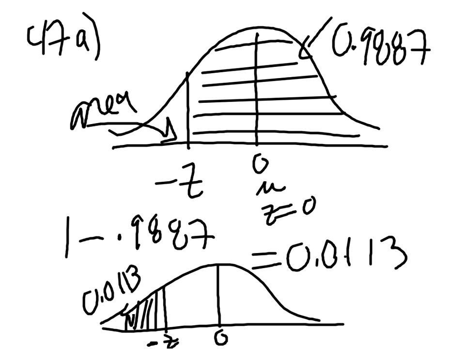It's negative, of course, because we're on the left side of the graph there, or the symmetry line. The negative Z value associated with an area of 0.0113 turns out to be minus 2.28.